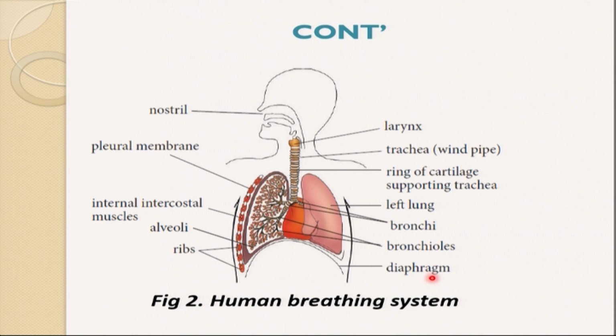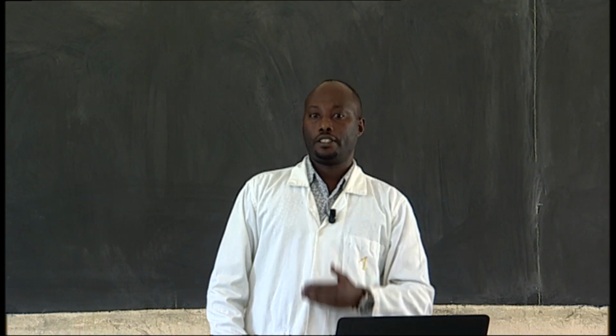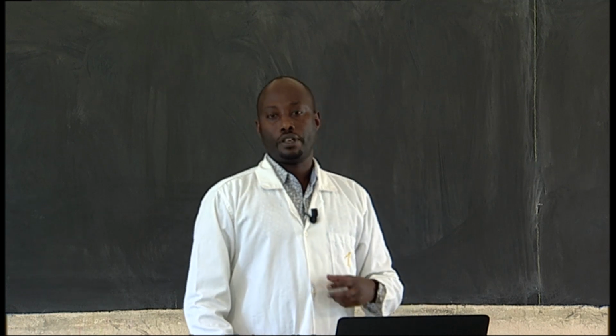When you do exhalation, the diaphragm moves up and forms a dome shape. Then when you breathe in, the diaphragm is flattened. Inflate and deflate are two biological terms, and they are very important.